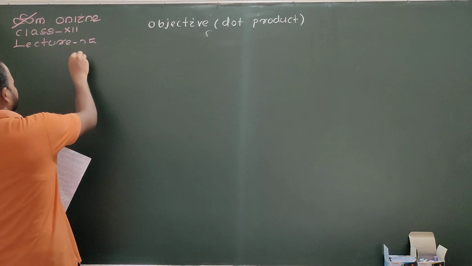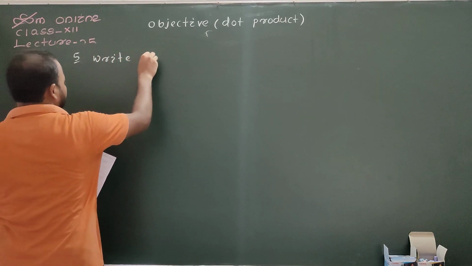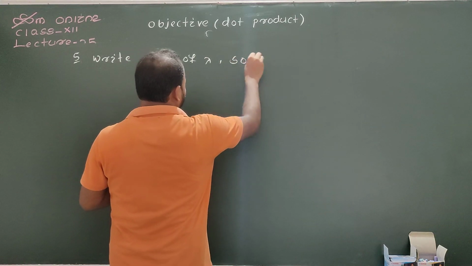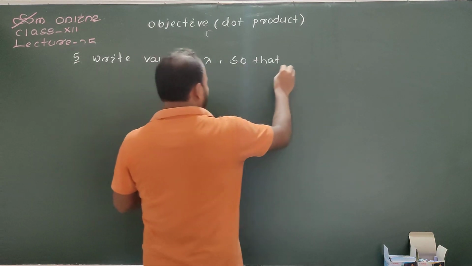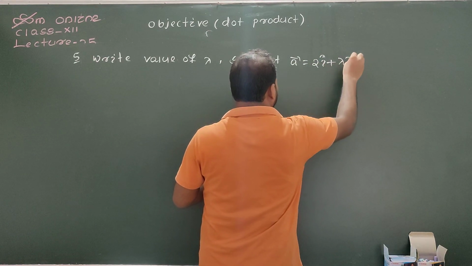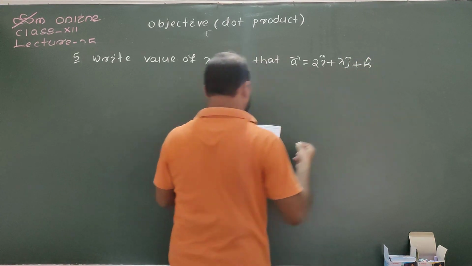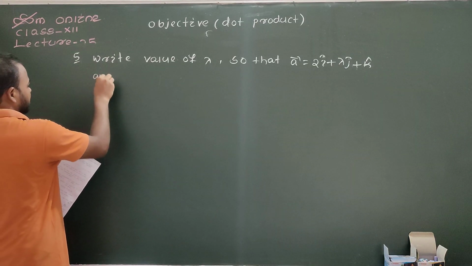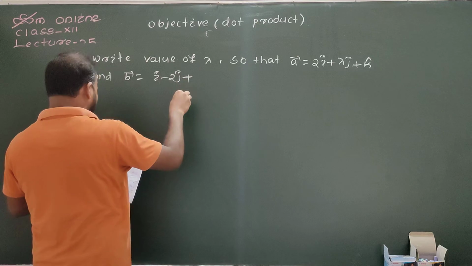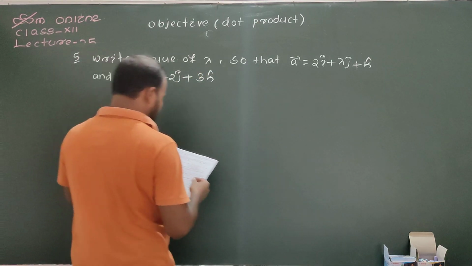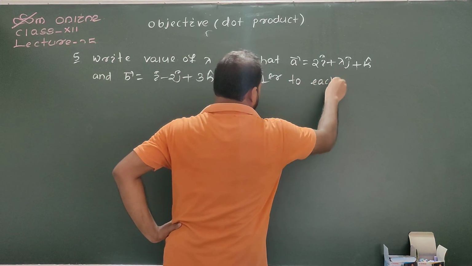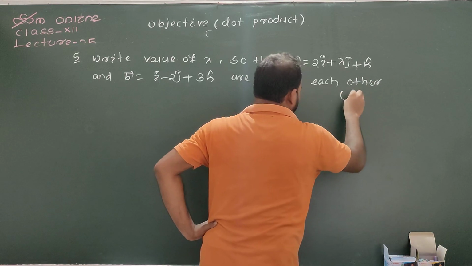Write the value of lambda so that vector A equals 2i cap plus lambda j cap plus k cap, and vector B equals i cap minus 2j cap plus 3k cap are perpendicular to each other. This is Delhi 2013.